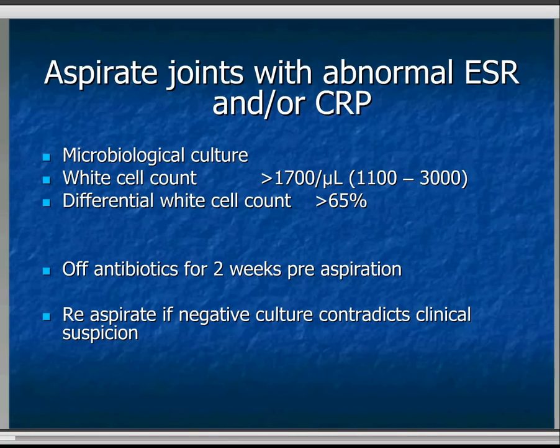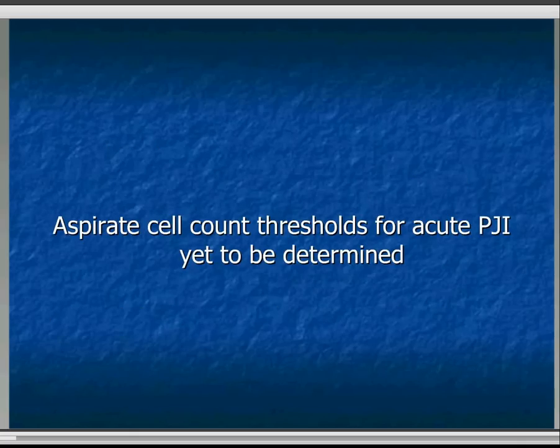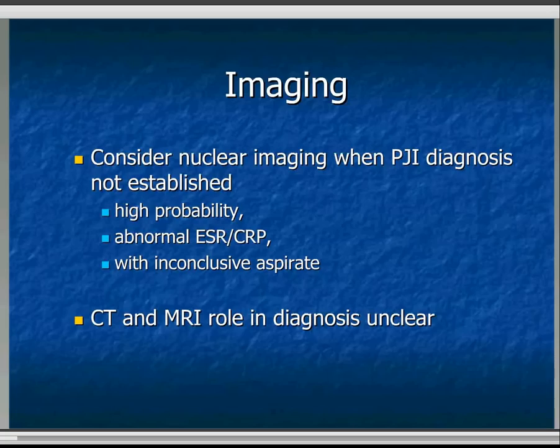In the setting of a painful joint or a joint that's failed, considering revision, aspirate those with abnormal inflammatory markers. Send that synovial fluid off for both microbial culture, but also a white cell count. They specify a white cell count of more than 1,700 white cells per microliter as being positive, and translated in litres, which is what we usually get, and a differential white cell count of more than 65%.